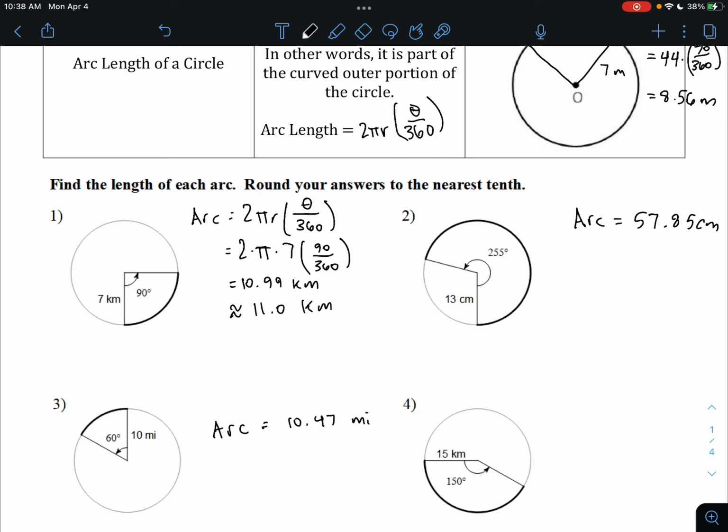And in problem 4, our arc equals about 39.26 kilometers, which rounds to about 39.3. If you got all of these correct, great job. You're well on your way to doing this stuff well. If you missed any of these, go back, figure out why you missed them, look at the first example to see how these are done. In our next video, we'll be looking at how do we find the sector area of circles. It's a very similar concept.